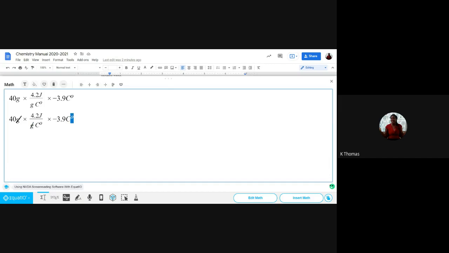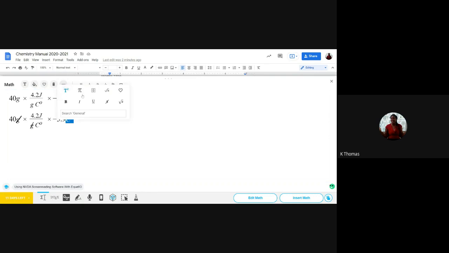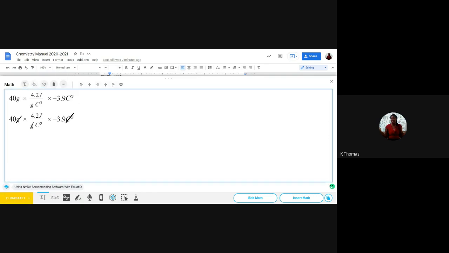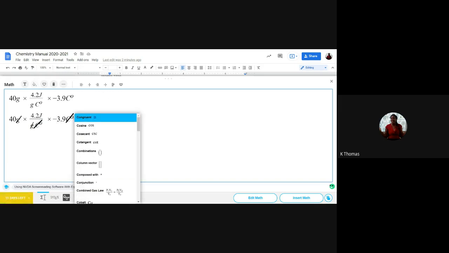Look, we have Celsius at the top and it's also in the denominator. That means we can cancel out the Celsius. Perfect. So now the units for my answer left back is only joules.